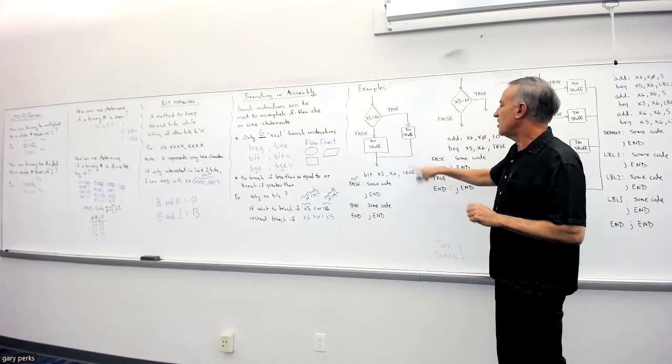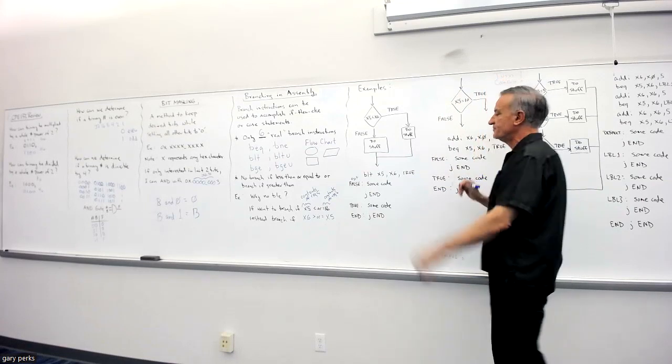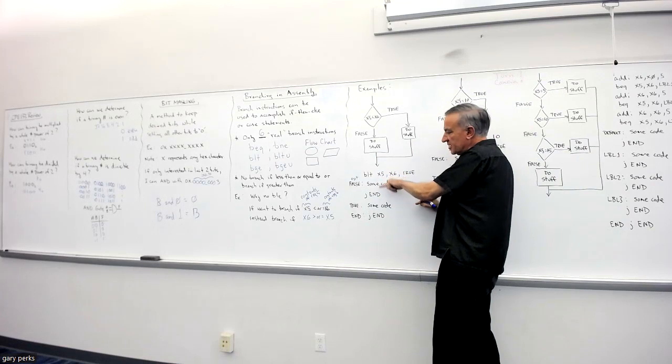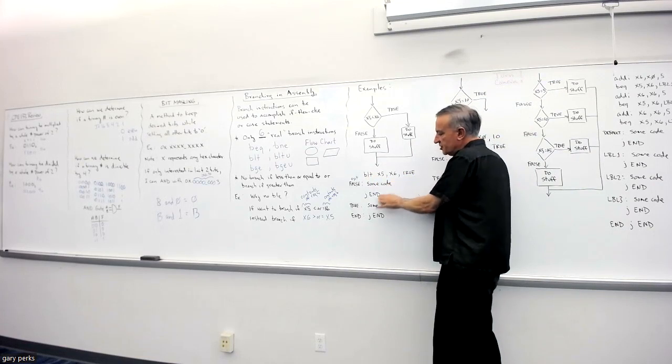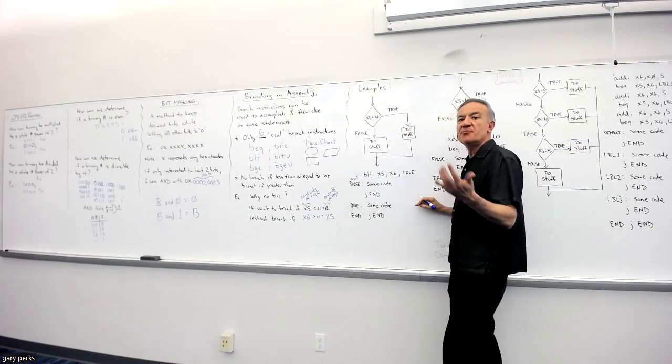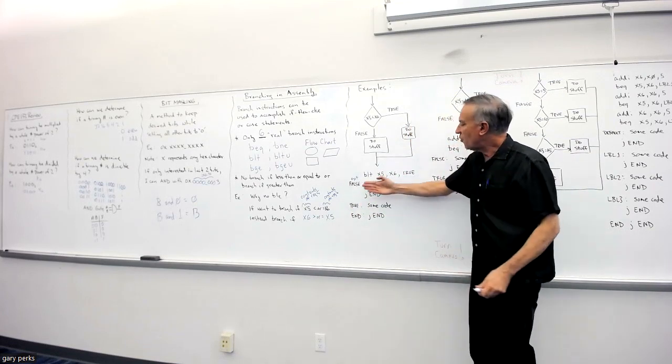The next thing is, notice that if it's not true and it does this code where the false label is, when it's done with that code, it jumps to the end here. This J is a jump instruction. Why do I need that?